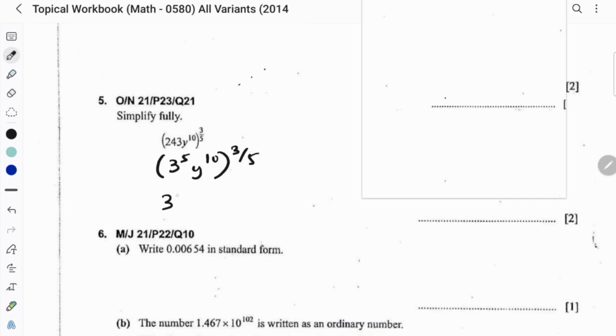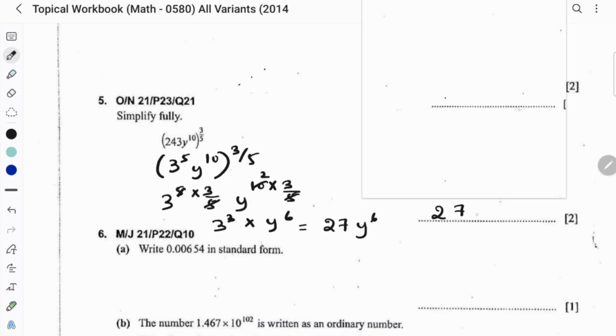Now we can write 3 to the power 5 into 3 upon 5. y 10 times 3 over 5. We do it separately. That is 3 cube. 3 cube into y, 5 times 2 is 10, 2 3s is 6. And we know that 3 cube is 27, y power 6. This is simplification, and we did simplify fully.